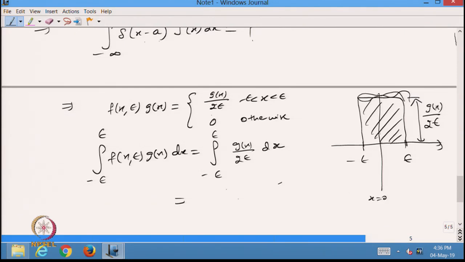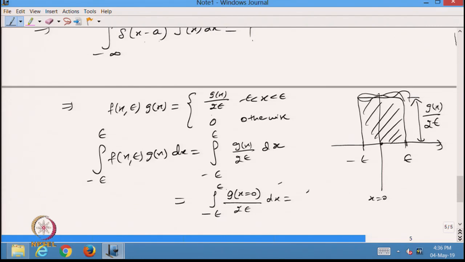So, what we do is approximate the height of this function by the value at this point. I can approximate this function from minus epsilon to plus epsilon as g at x equal to 0, because I have defined the function with the interval about x equal to 0. So, I take the approximate value of the function as g at x equal to 0 divided by 2 epsilon dx.